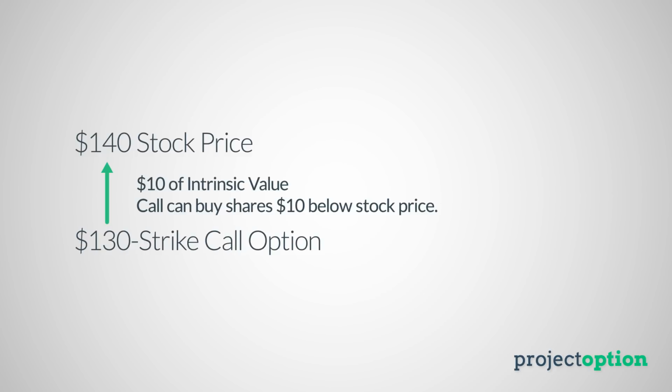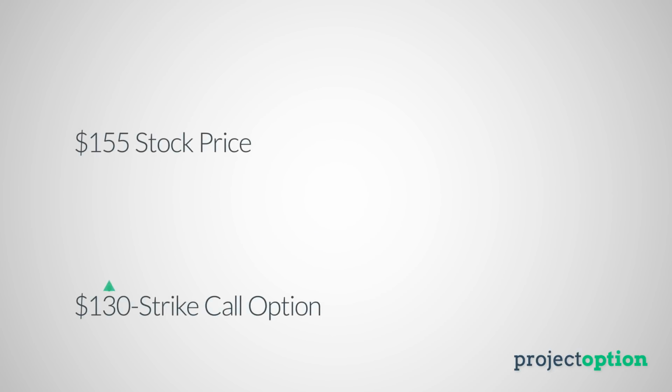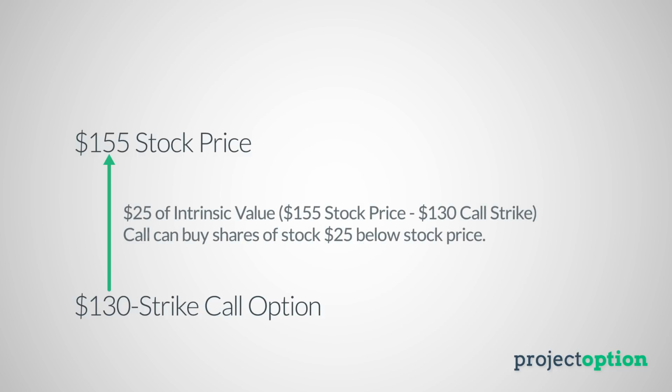Now, if that same stock increased to $155, that same call option with a strike price of $130 now has $25 of intrinsic value, because there's $25 of value in being able to buy shares of stock at $130 when the stock is currently $25 higher at $155.